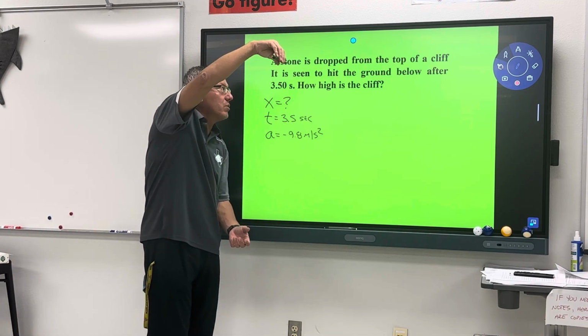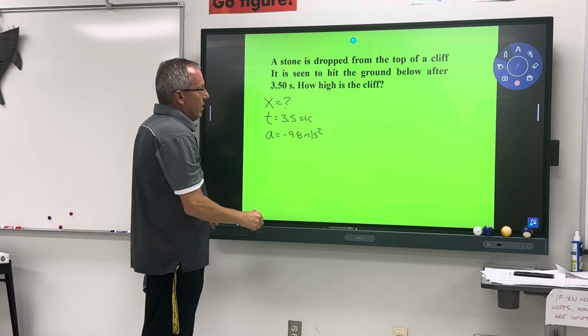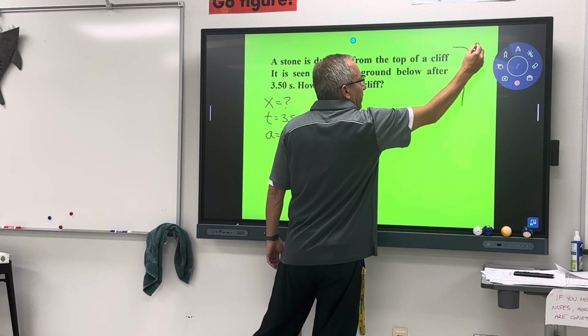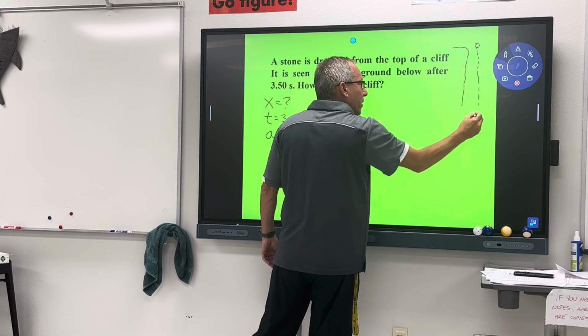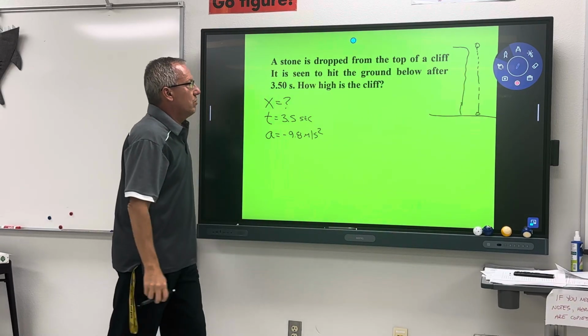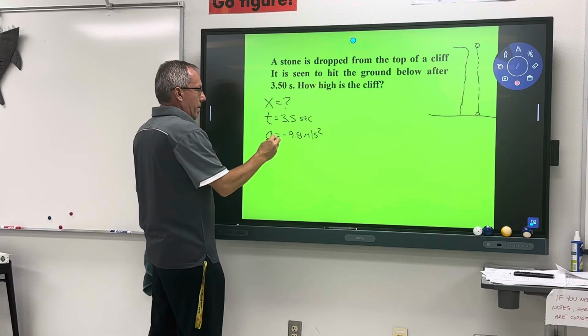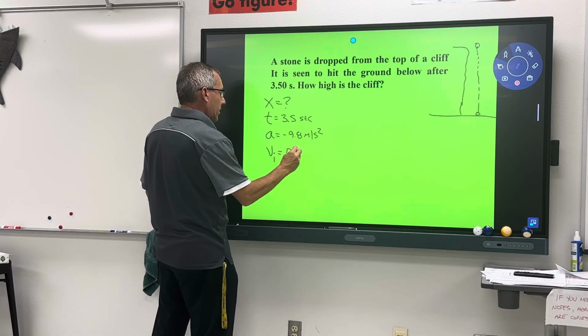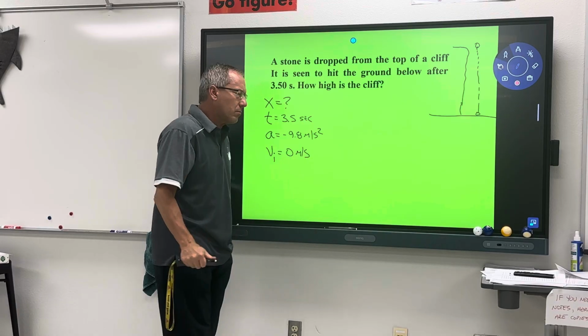A stone is dropped from the top of a cliff. If I was to draw this, there's a cliff, a stone is dropped from rest, and it's going to get further. Once it reaches the ground, it's going to hit the ground, so it is going downward. So we also have an initial velocity equal to 0 meters per second. All right.